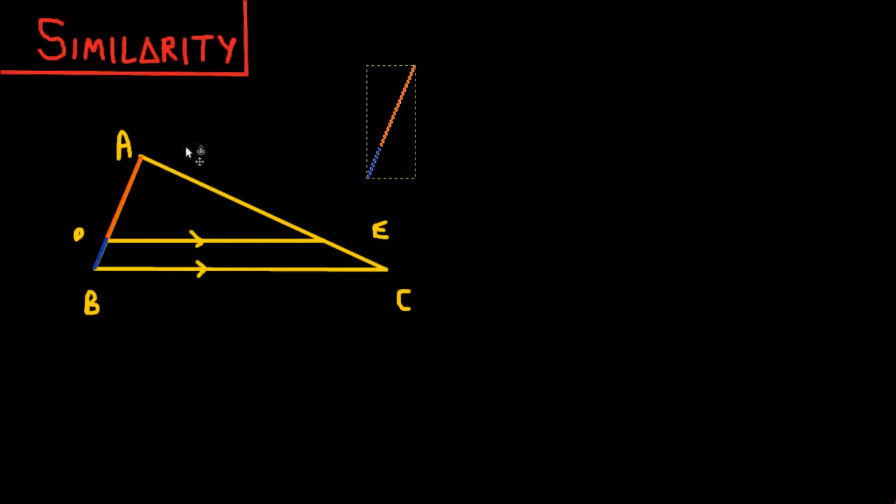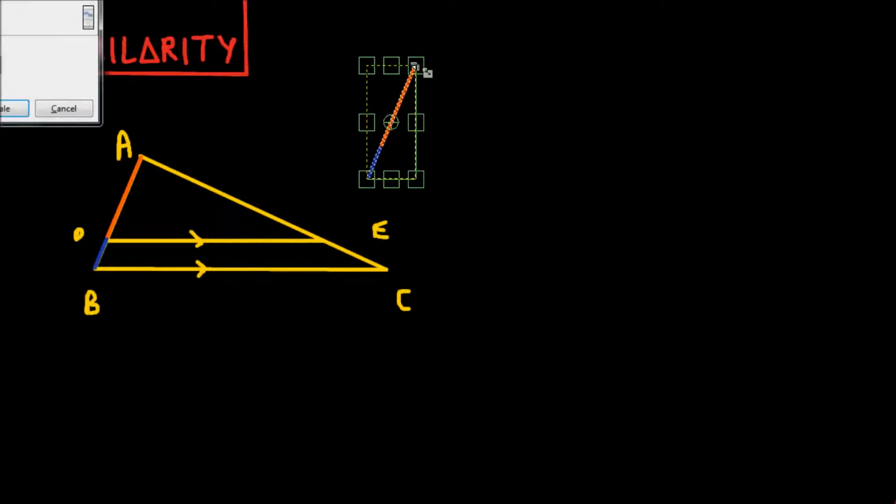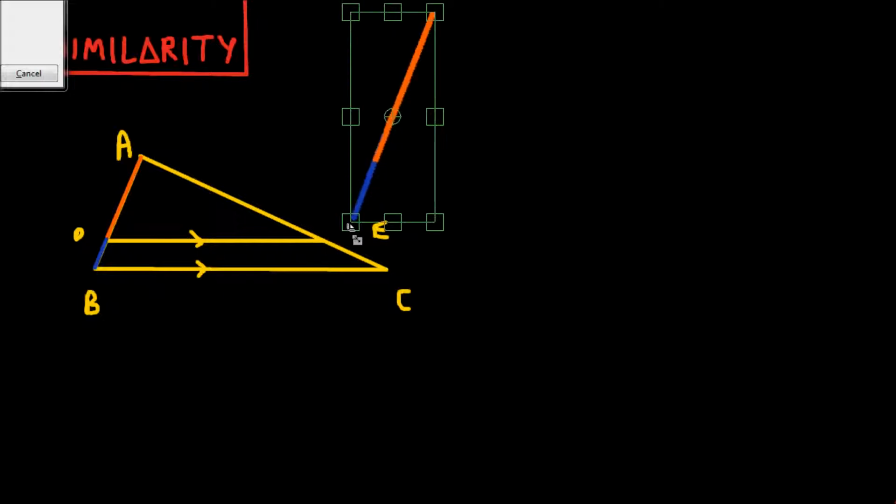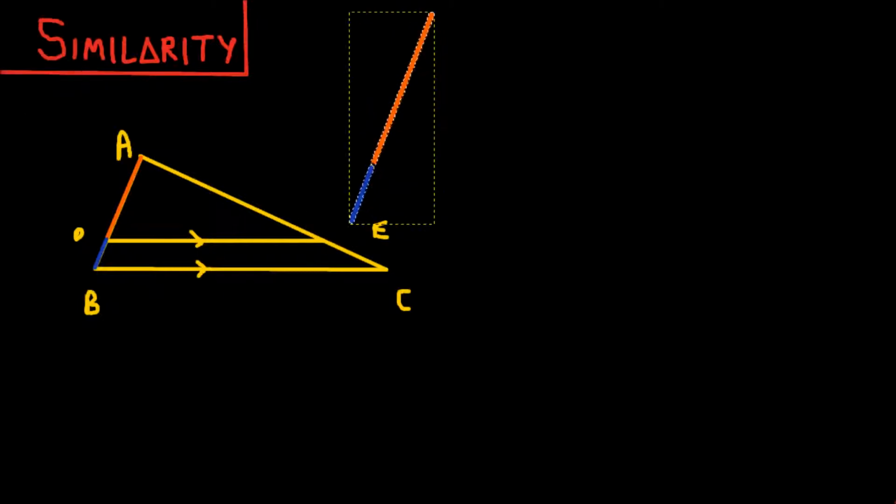Now, just to show you, say if I expand it like this, what you're going to see is that the ratio between orange and blue still remains the same. Blue is still going to be far lesser than orange. If I expand it from this side, you'll see the same thing. That blue is still in that same ratio. The amount of orange upon the amount of blue is still a constant, even if you stretch the line.